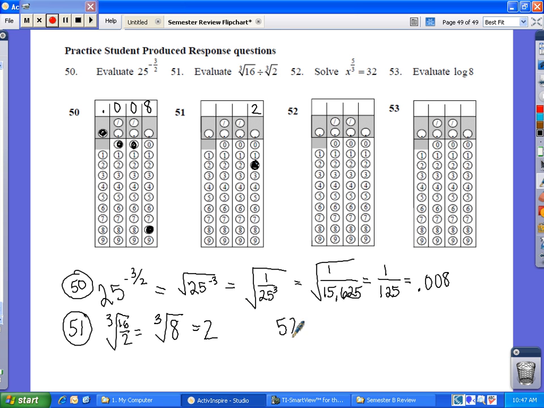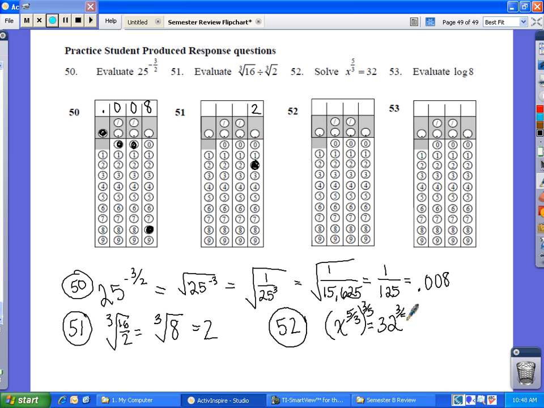For number 52, solving x to the 5/3 power equals 32. Okay, so for this one, the opposite of doing 5/3 is, not multiplying both sides by 3/5, sorry, raising each side to 3/5.